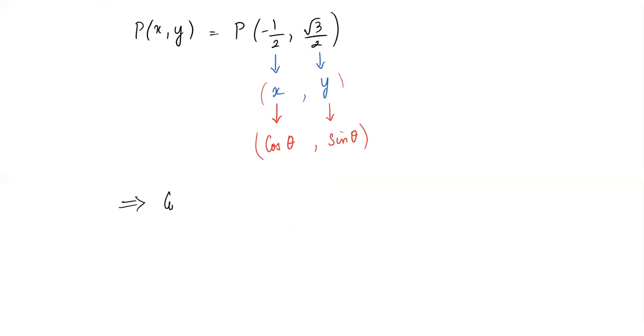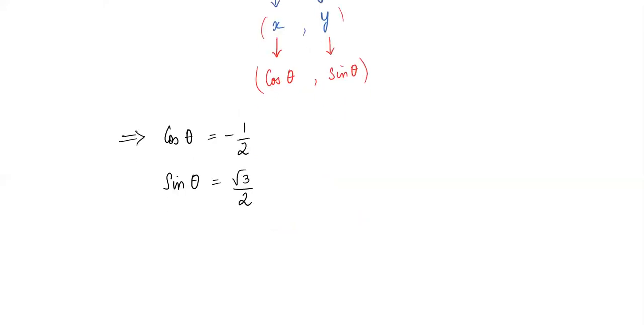So this implies cosine theta is directly equal to negative half. In fact, we can also say what sine theta is. Sine theta is root 3 over 2. So we answer the question there. Cosine theta is negative half.